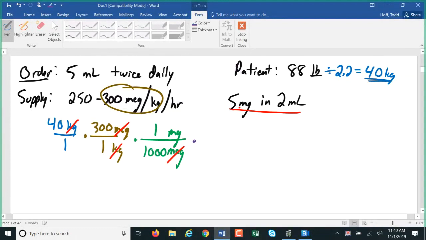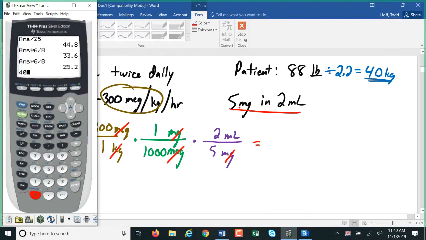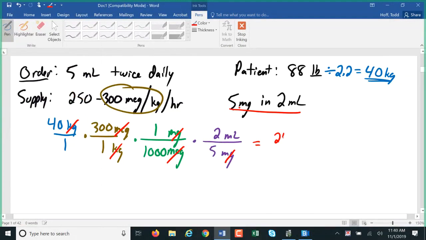That'll put us in milligrams, and from there we can convert. 5 milligrams on bottom, so the milligrams will cancel out into milliliters. Let's multiply: 40 times 300, 1 times 2, 24,000 milliliters. On bottom, 1,000 times 5 is 5,000. We divide and get 4.8 milliliters.